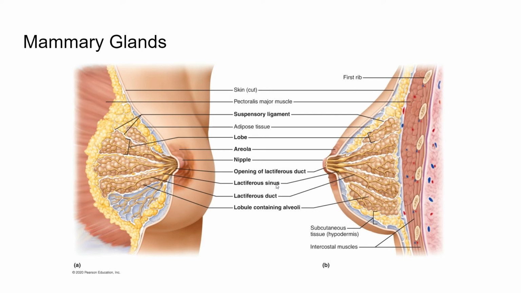So males have mammary glands because at one point in development, they were essentially anatomically the same. But for females, those mammary glands continue to develop, and their main function is milk production to nourish newborns. They are basically modified sweat glands, and they have 15 to 25 lobes, which is for milk production and giving the milk to the newborn.